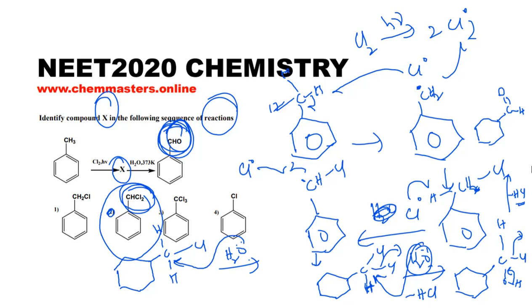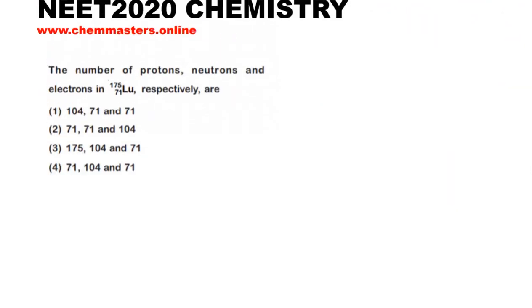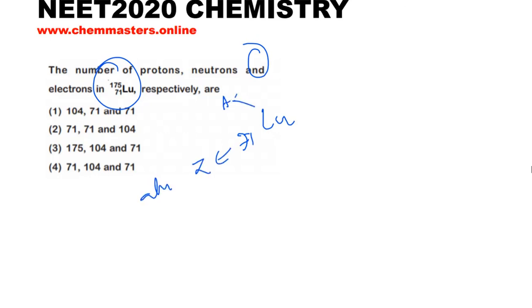Right. Next one, the number of protons, neutrons, and electrons in lutetium-175. So we can simply say that 71 indicates Z, that is atomic number, and here A indicates mass number 175.